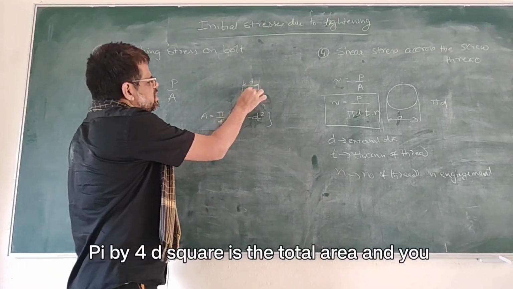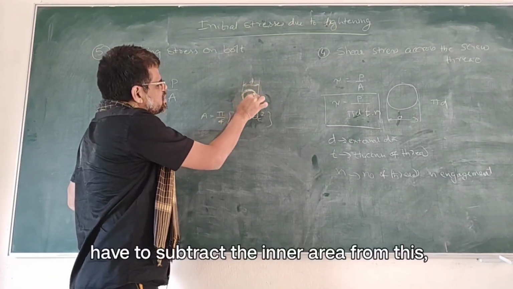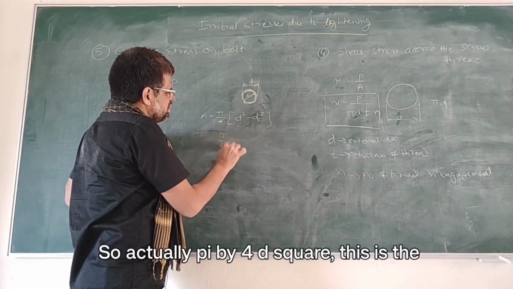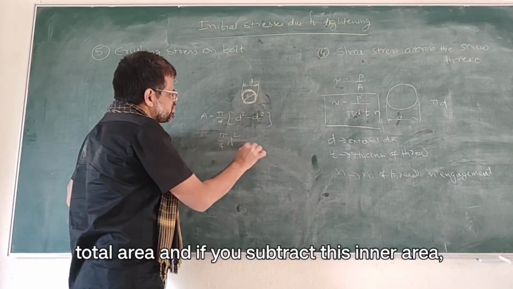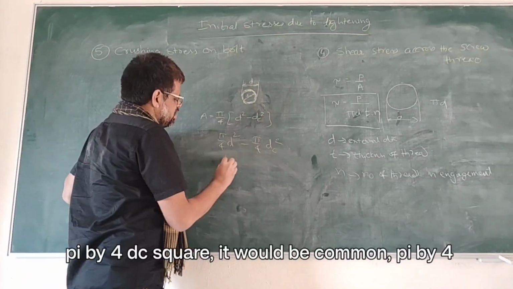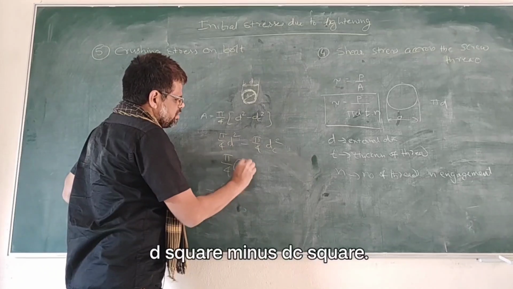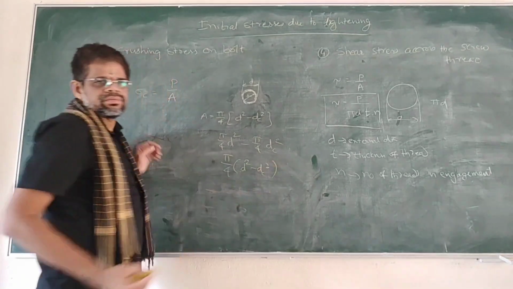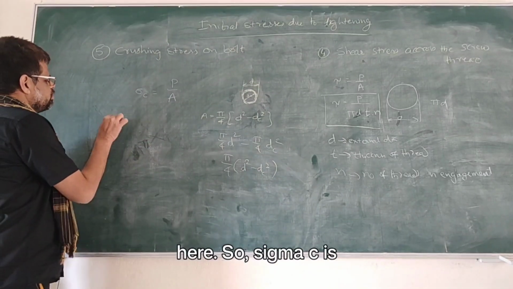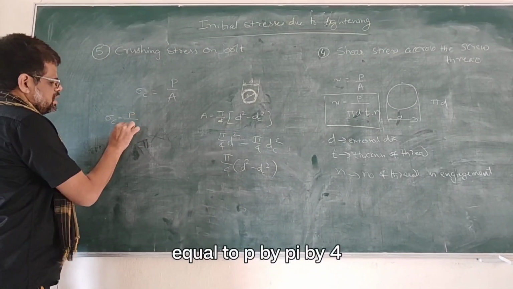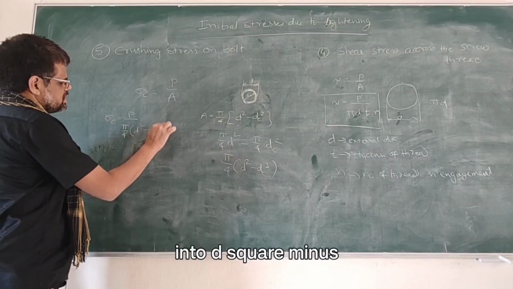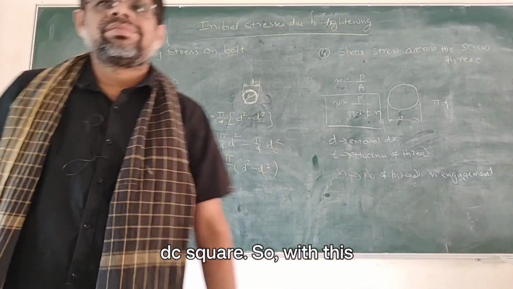Pi by 4 D square is the total area, and you have to subtract the inner area from this, pi by 4 DC square. If you take common, pi by 4 (D square minus DC square). Okay, so this is the resisting area. Now substitute here. So sigma C is equal to P by [pi by 4 into (D square minus DC square)].